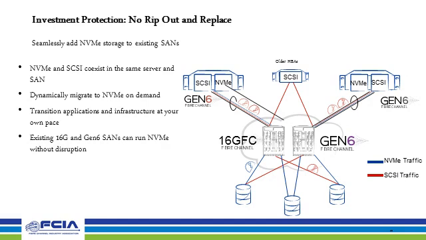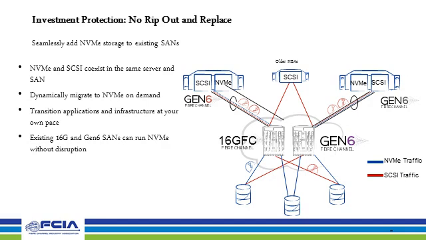This was a model to minimize risk and to allow existing infrastructure to incrementally migrate from SCSI over Fibre Channel to NVMe over Fibre Channel on demand as the storage admin sees fit. And they can do this on a volume by volume basis.